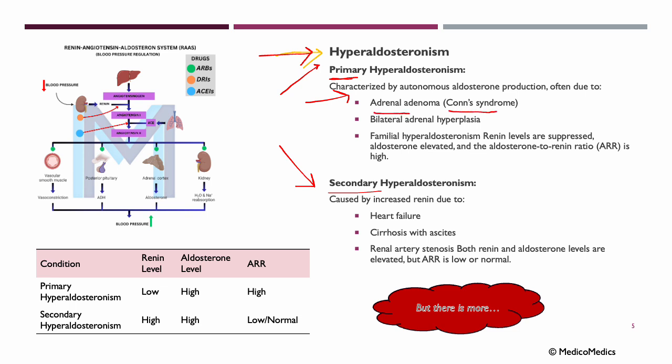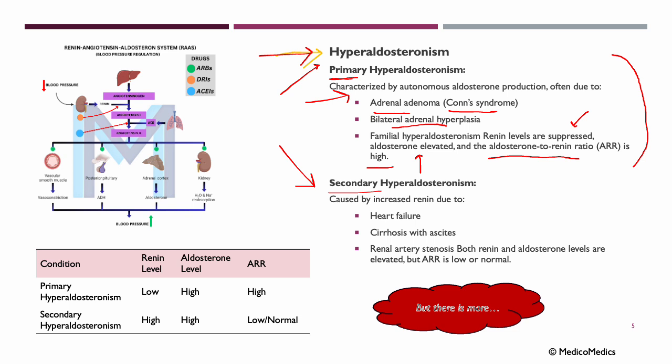We call that Conn syndrome, or bilateral adrenal hyperplasia. We have familial hyperaldosteronism. So what is the clinical picture here? Well, we will see that renin levels are suppressed, but aldosterone is elevated. So the aldosterone to renin ratio is high.